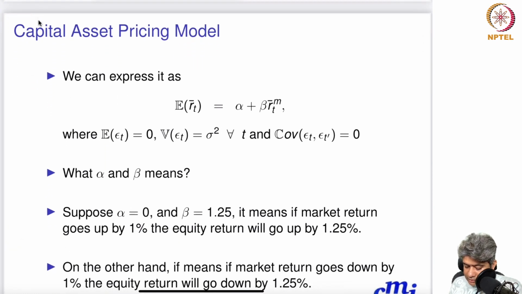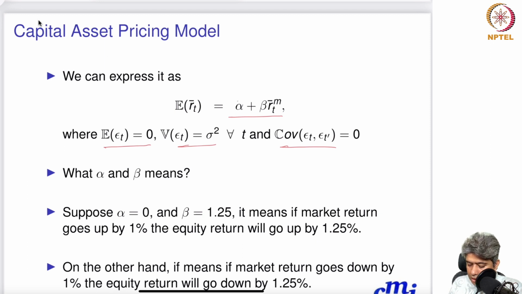So we can express expected return minus risk-free rate of return as alpha plus beta times RTM, where expected value of epsilon T is 0, variance of epsilon T is sigma square, and covariance of epsilon T and epsilon T dash is 0.